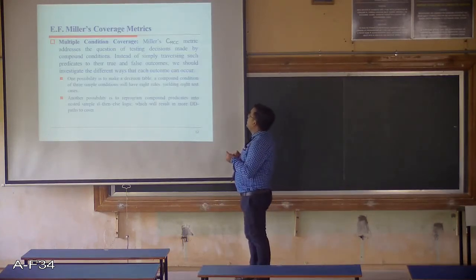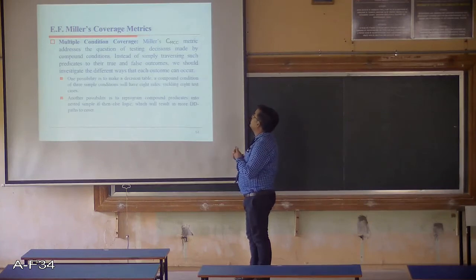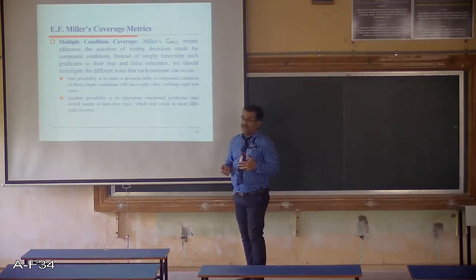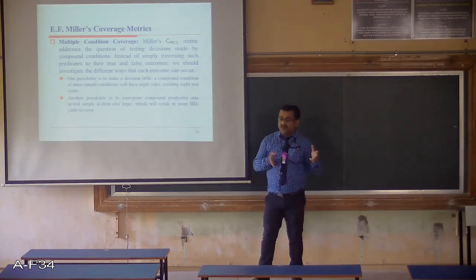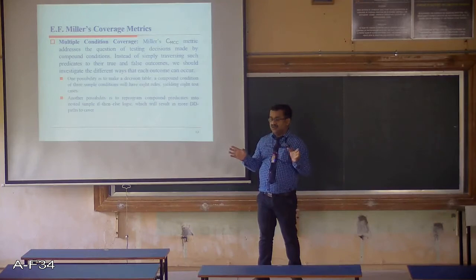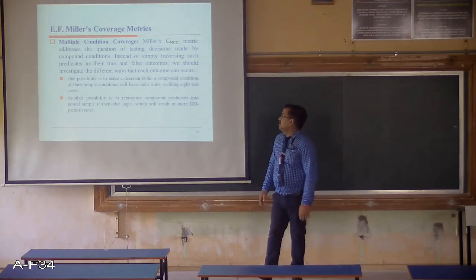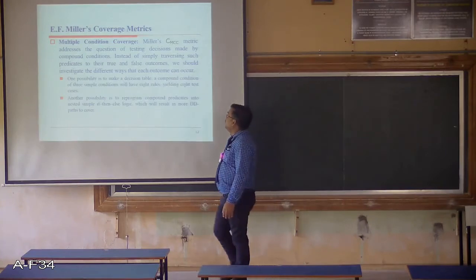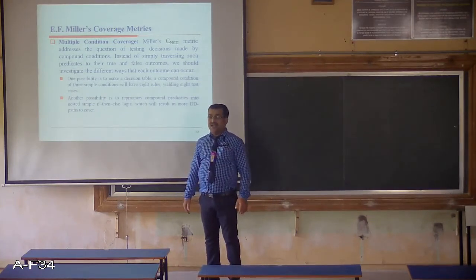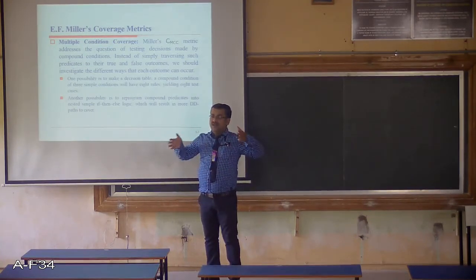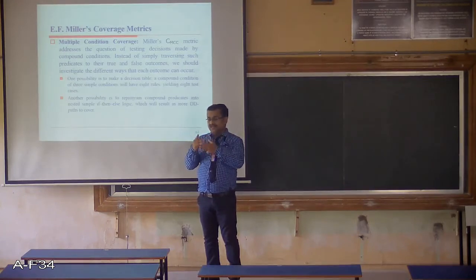Multiple condition coverage, Miller's multiple condition coverage matrix, is about testing the decisions. When we have multiple conditions to be evaluated, which are concatenated in the decision or predicate, in certain cases we can evaluate it simply as true or false.